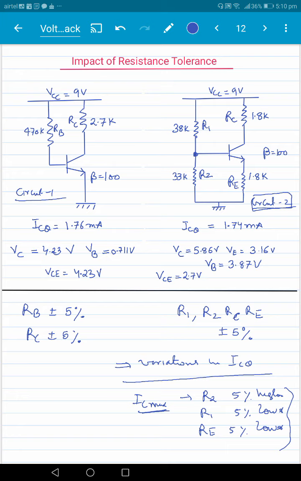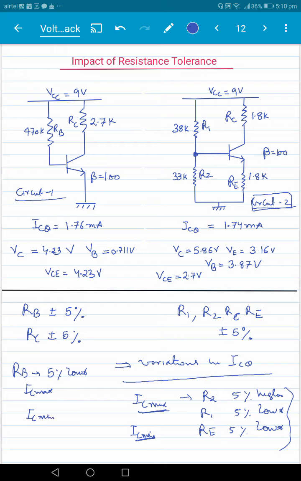Similarly, if you take the opposite combination, you will get IC minimum, right? And in circuit number 1, we have only one resistor, so if you take RB 5% lower, then you get IC maximum, and the opposite will give you IC minimum here.